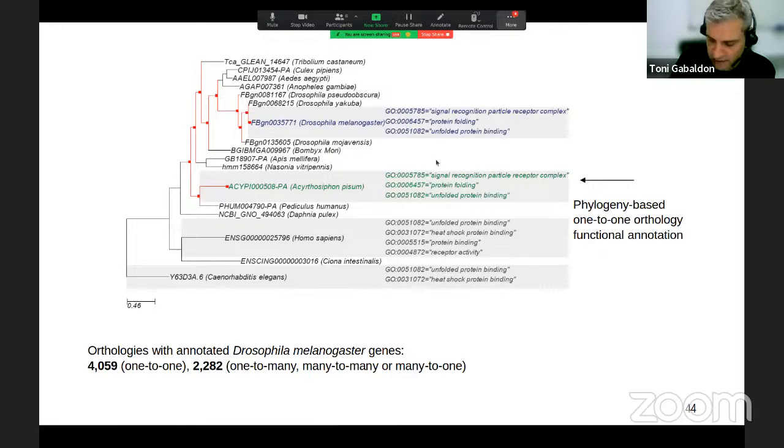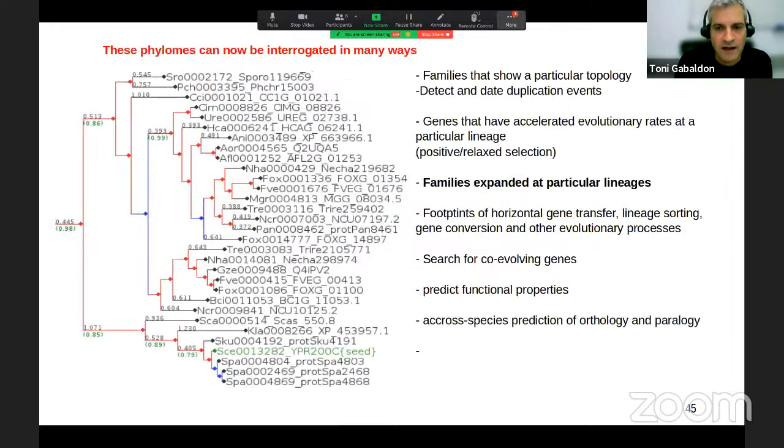That level of confidence you cannot get with methods based on, for instance, just BLAST. So that's one thing you can do, orthology prediction and transferring of functional annotation, but you can do many other things.